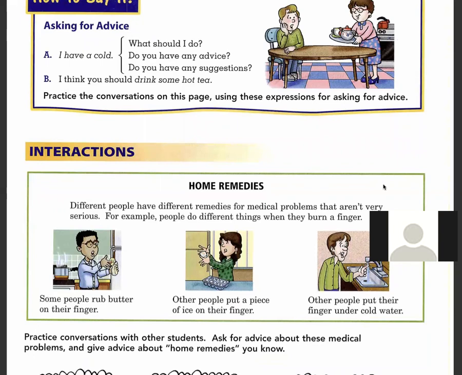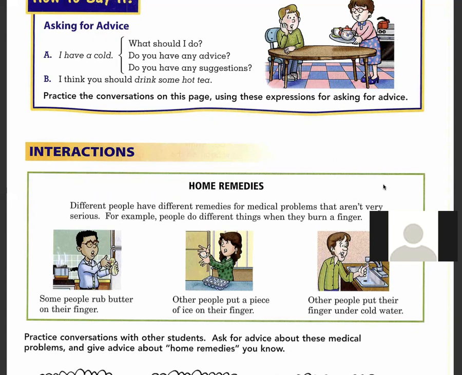So home remedies, these are some interactions. Different people have different remedies for medical problems that aren't very serious. For example, people do different things when they burn a finger. Some people rub butter on their finger. Other people put a piece of ice on their finger. Other people might put their finger under cold water.